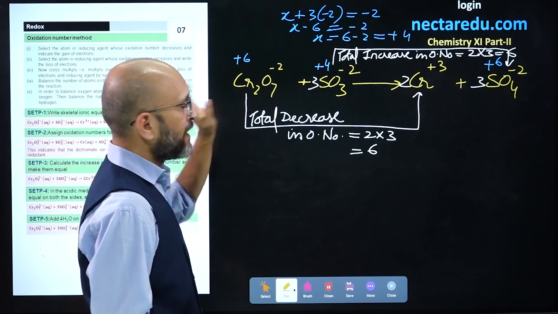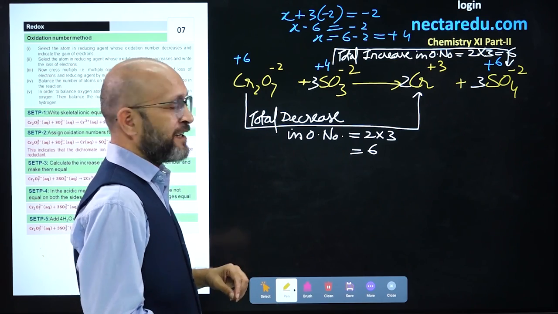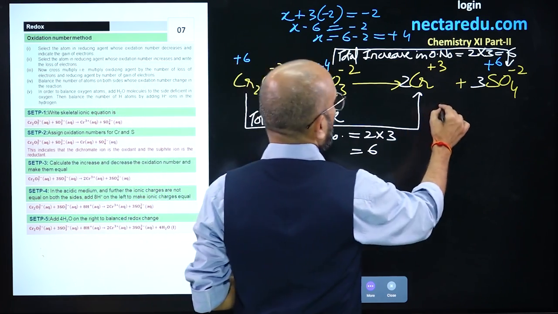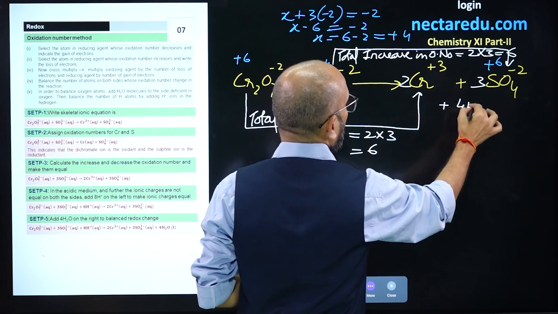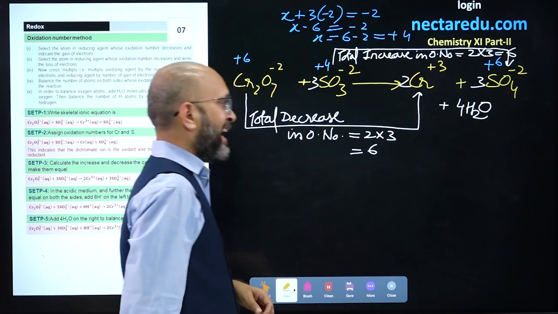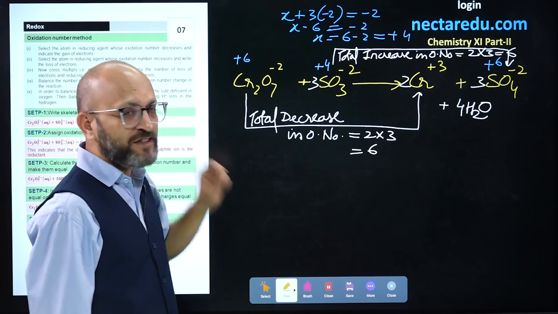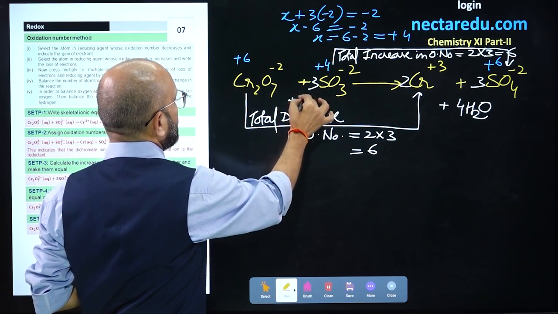So you will agree we will have to add water molecules here. How many oxygens are less? 4. So we will add 4 water molecules this side, and now you will have 8H, and you don't have H on the other side. So you have to add 8H plus on this side.